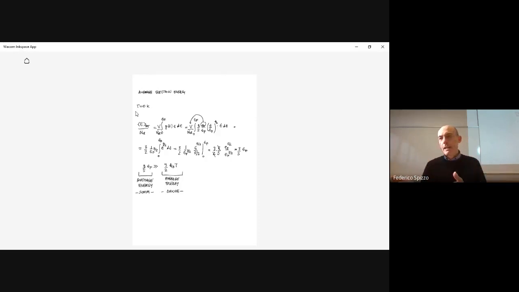Because if one electron occupies a level, then just one more electron can go in the same level, and then no other electrons may occupy it. So somehow there is a sort of interaction between the electrons, through the Pauli exclusion principle, because just 2 electrons may occupy 1 level.